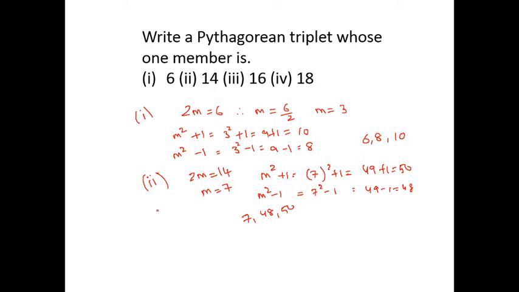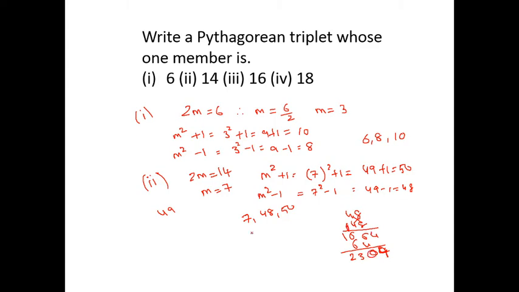7 square is 49, 48 square is 2304. 8 fours are 32, 32, 64, carry 1.